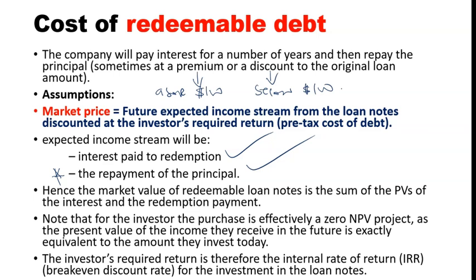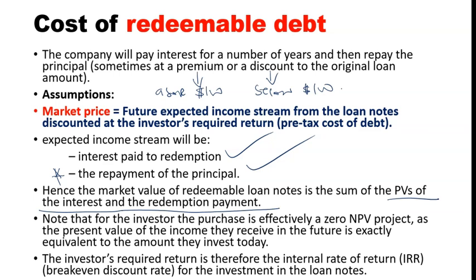Hence, the market value of redeemable loan notes is the sum of the present values of the interest and the redemption payment. Note that for the investor, the purchase is effectively a zero NPV project, as the present value of the income they receive in the future is exactly equivalent to the amount they invest today.